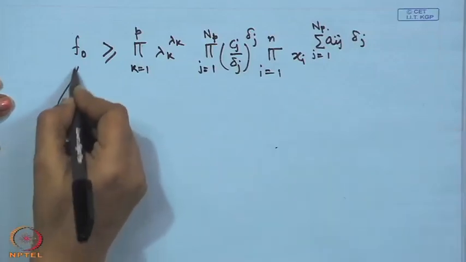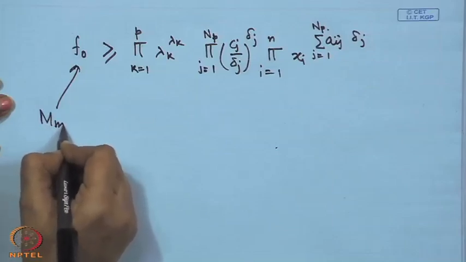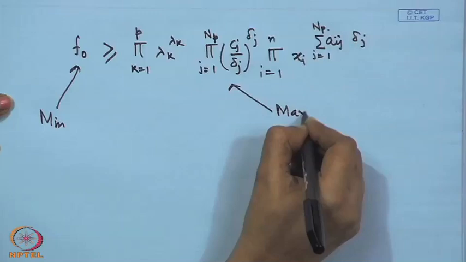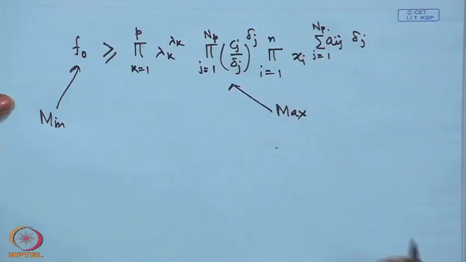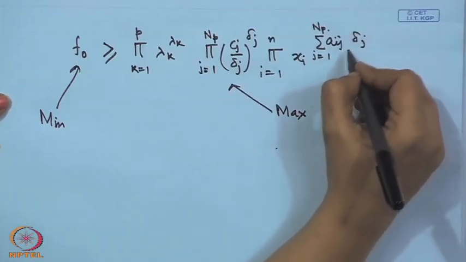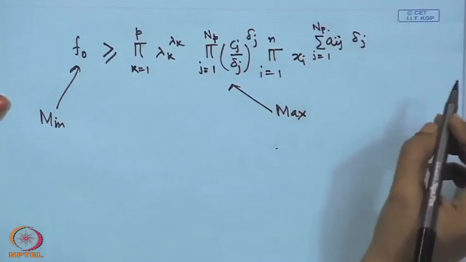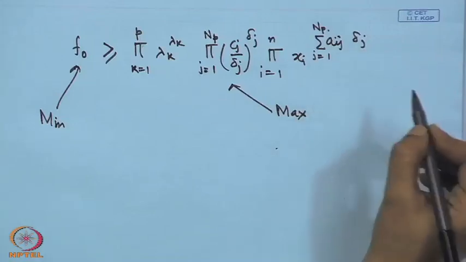We wanted to minimize this primal. Now we are getting the objective function of the dual which we need to maximize, and here also the decision variables are delta j's. Thus, we can write the primal dual relationship in the next.